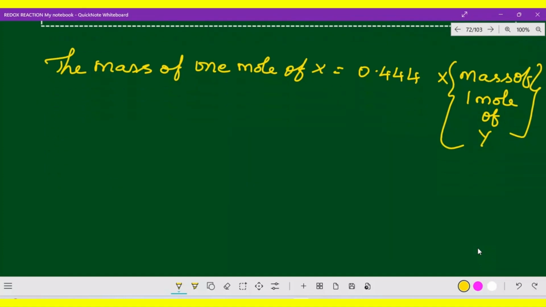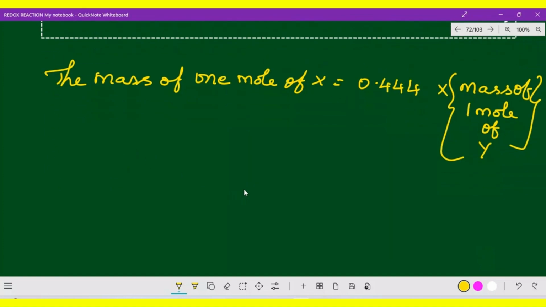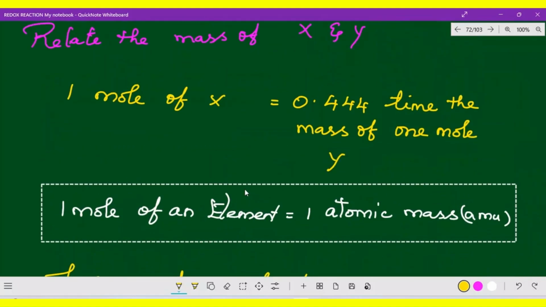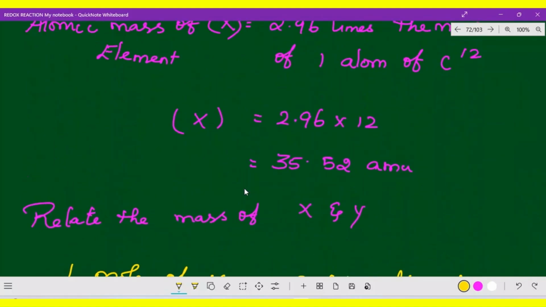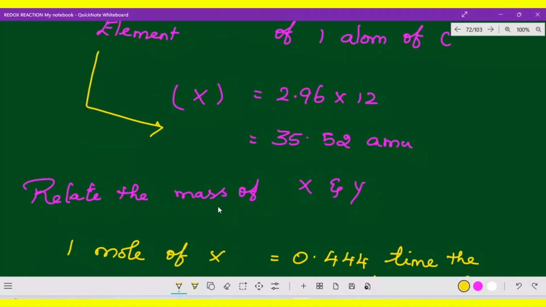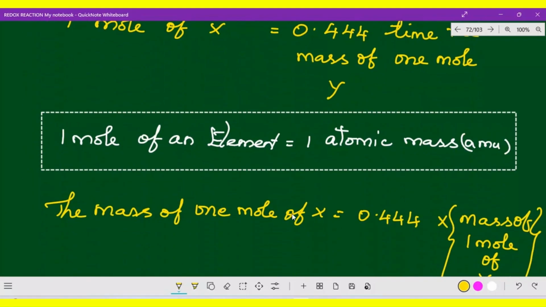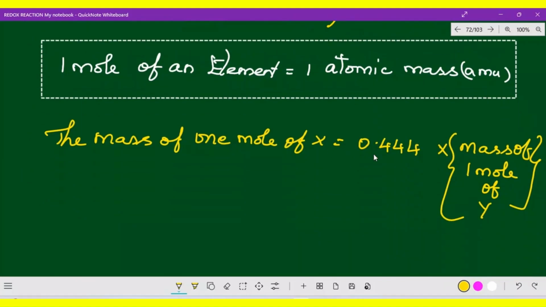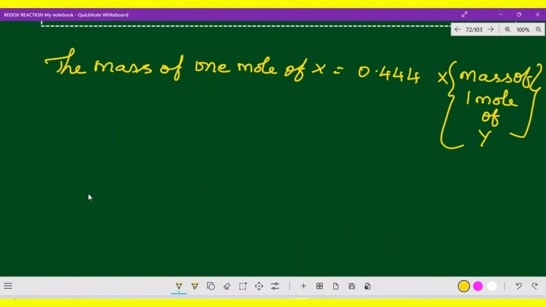Now, how to deal with this? The mass of 1 mole of X we just found: 35.52. The mass of 1 mole of an element is equal to the atomic mass of the element. So the mass of 1 mole of X is 35.52 AMU. I hope you got that idea.